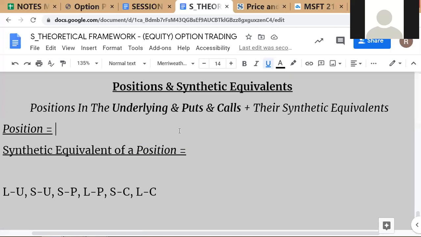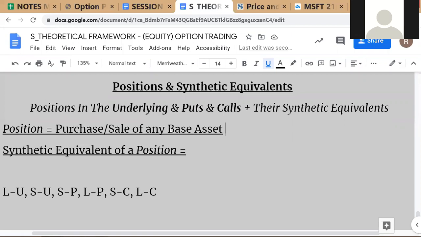So this is purchase, sale of base asset, any base asset. This definition will always be true for any position: purchase, sale of any base asset, and these assets could be futures contracts or options contracts.